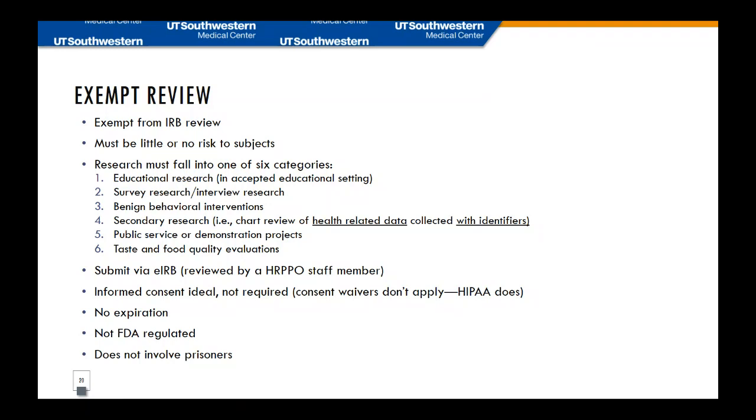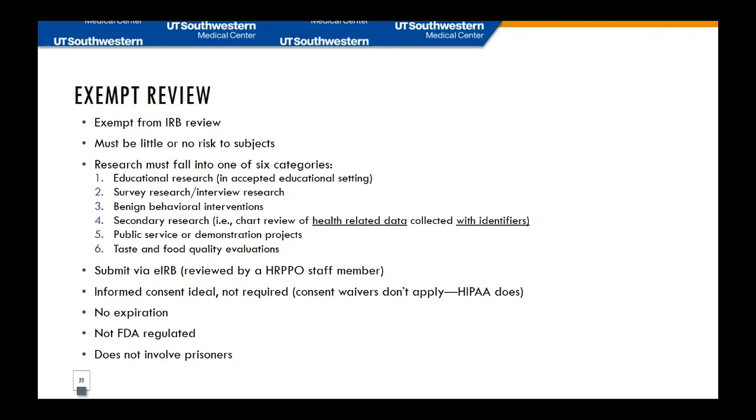So examples of exempt review would be, like we said, chart review, secondary research of biospecimens, and then maybe comparing evaluation of educational method or surveys of adults. It's important to remember adults there because children would not be in the exempt review category. So these studies are submitted via EIRB, and then they're reviewed by an HRPP staff member.